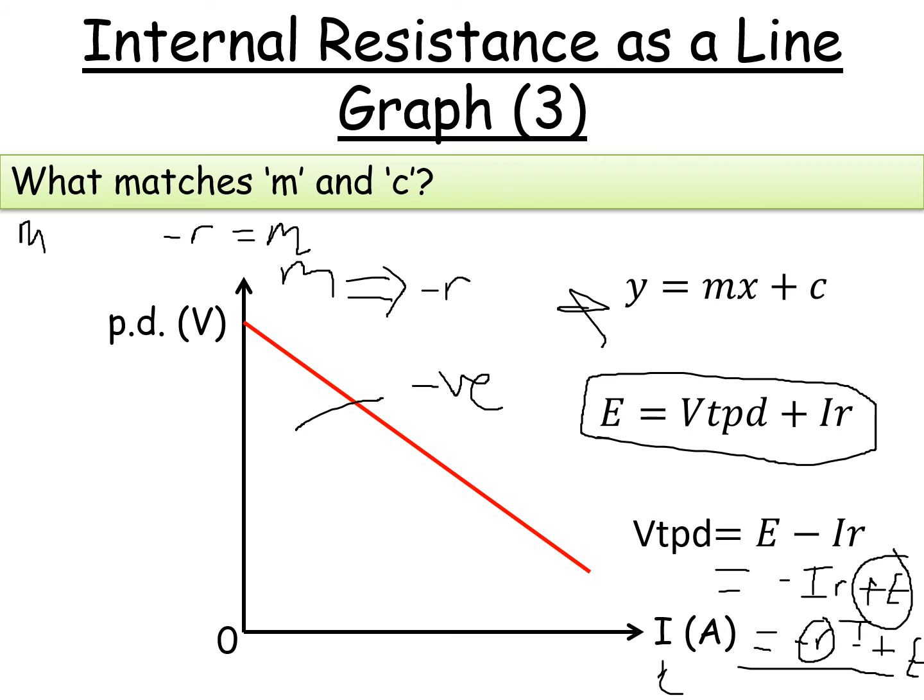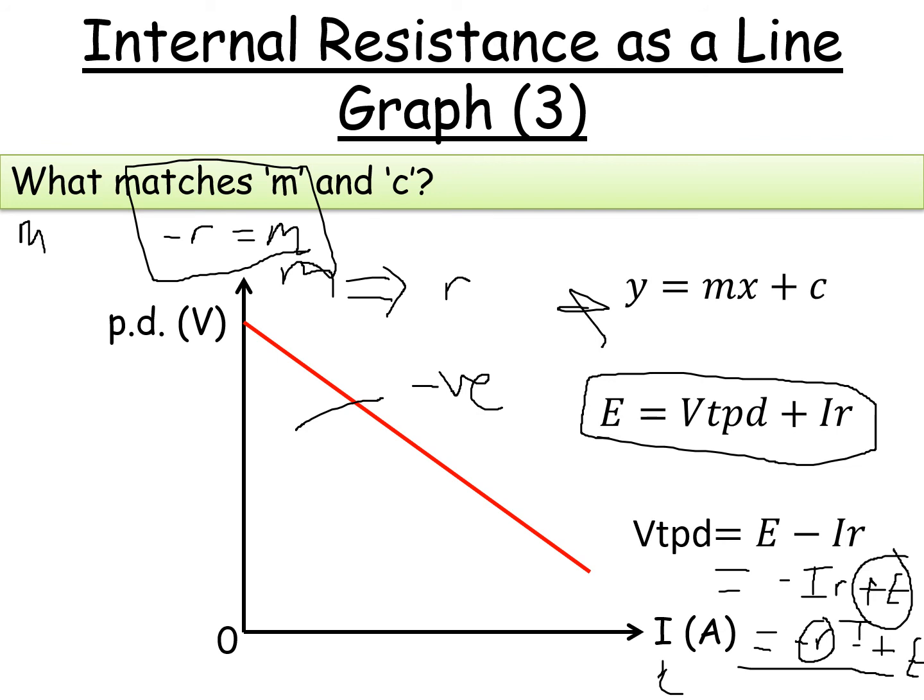Okay, in fact, I wouldn't even put the negative there, I would just put down R. So the gradient implies R. Notice that's a very important point because we're not saying they're equal to each other, because that doesn't really make sense. We know physically that the internal resistance can never be negative.